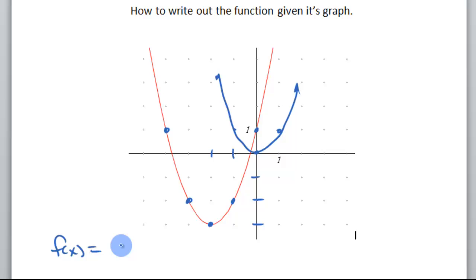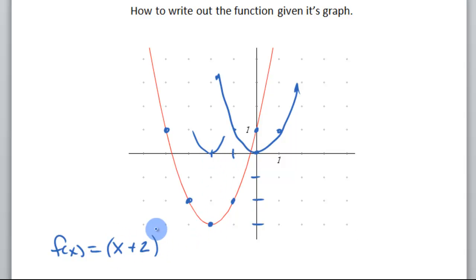So parabolas, when you're shifting left and right, that means you're affecting the x value. So I write x, and now it's not minus 2, but it's plus 2. And that's counterintuitive whenever you affect the x, because that means now in order to make 0 at that point, I have to put a negative 2 in, and that would bring it here, shifting it left, but then shift it down 3.